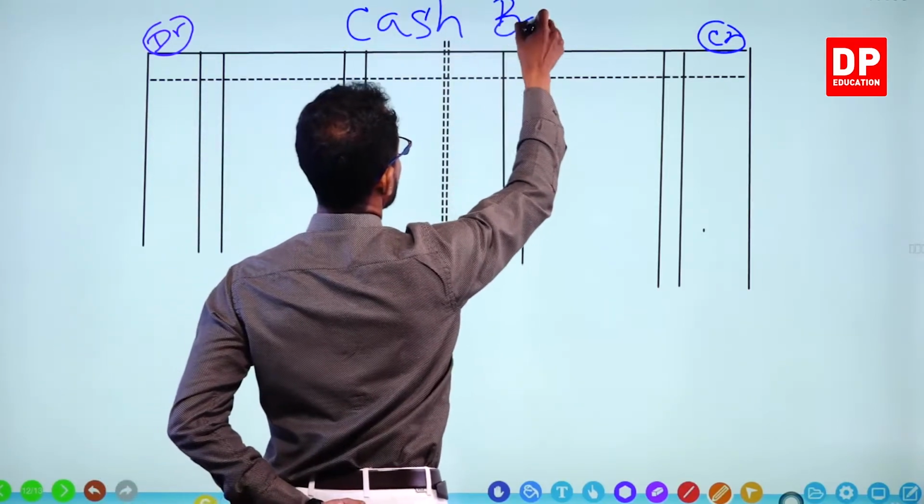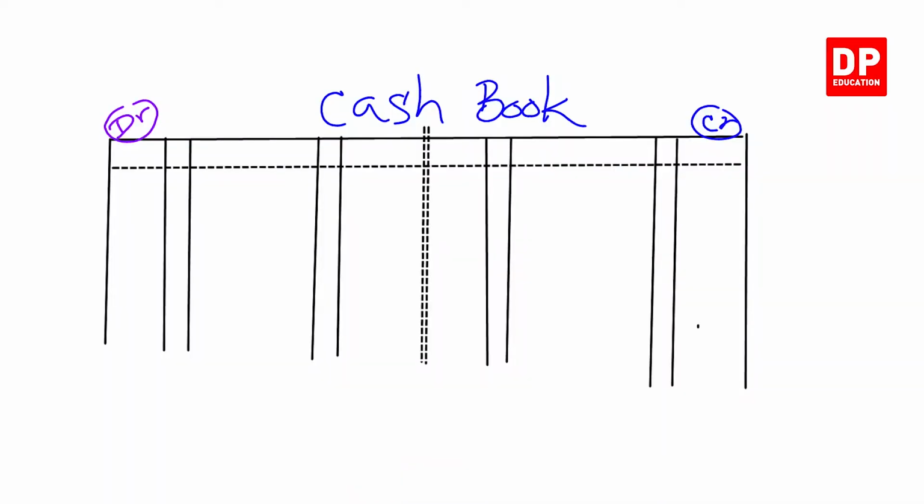Cash book. Let's name the columns, children. Date, receipt number, details, or you can write description, details. Then ledger folio, amount column.